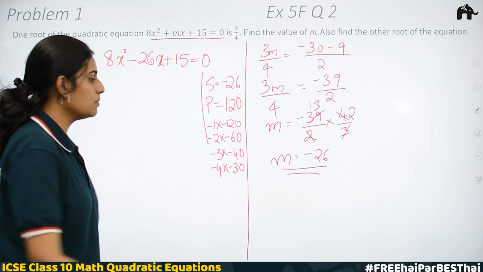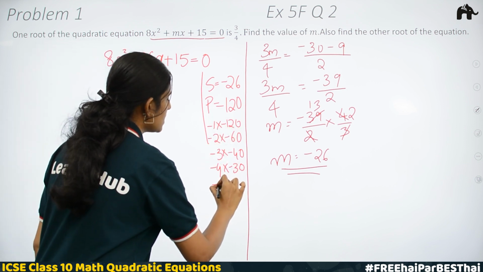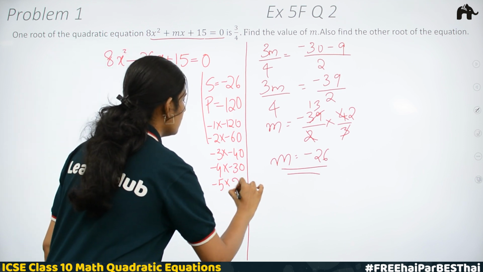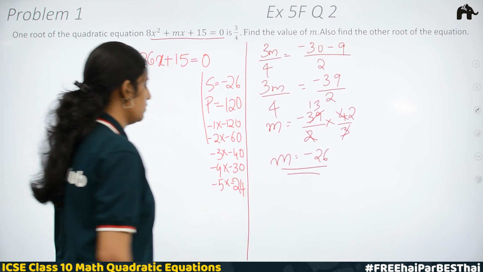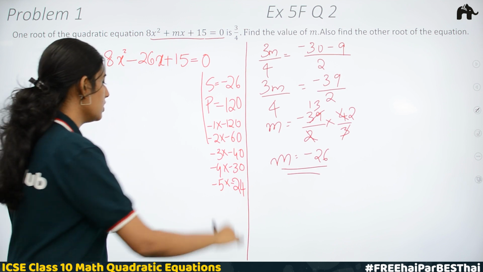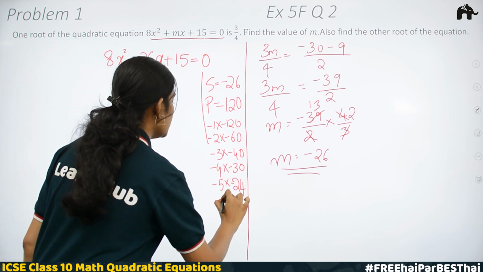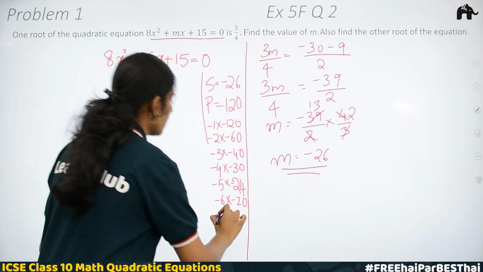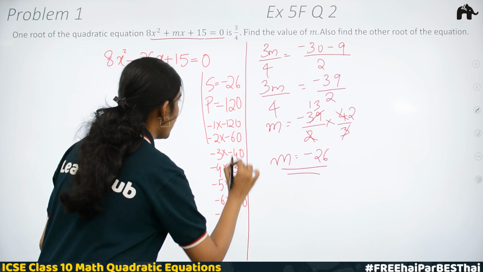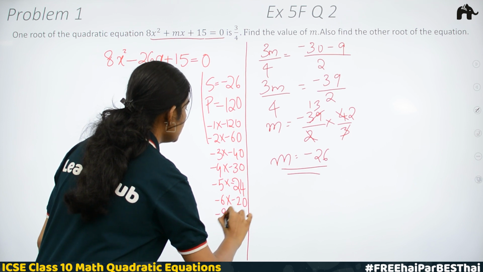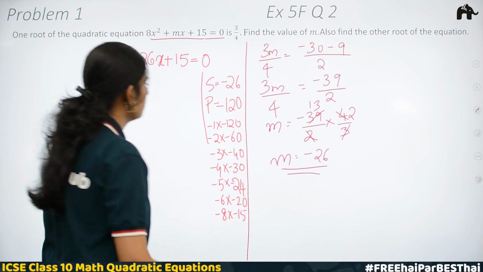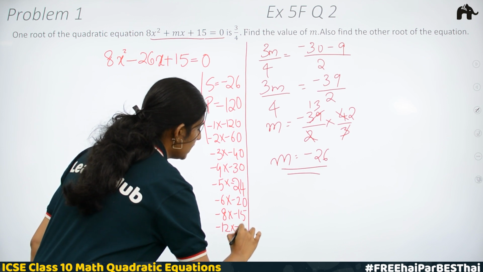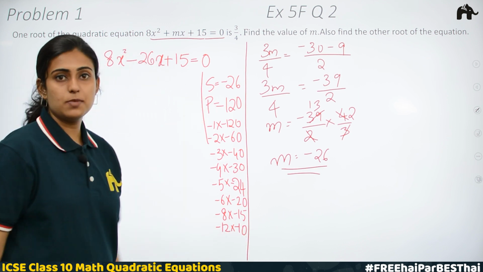There are many possible values. Then minus 5 into minus 24, then minus 6 into minus 20, minus 8 into minus 15, then minus 12 into minus 10. These are all possible factors.